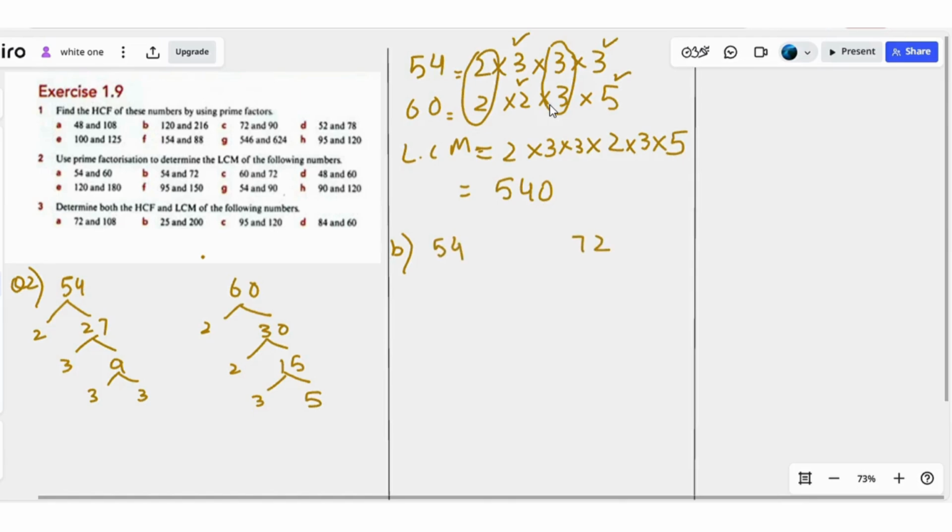There's another method of prime factorization that's called division method. You can also opt for it if that's convenient for you.